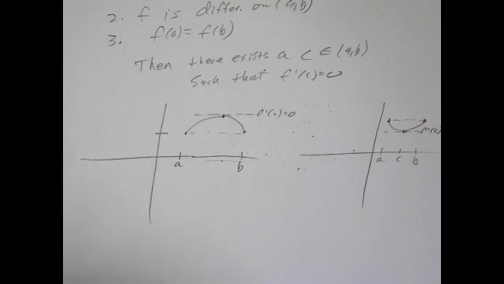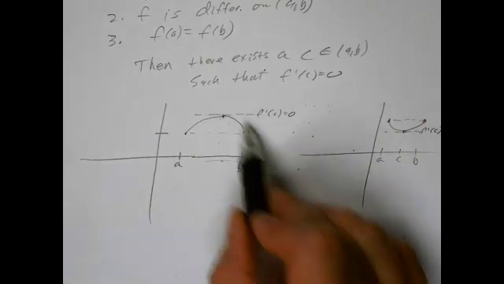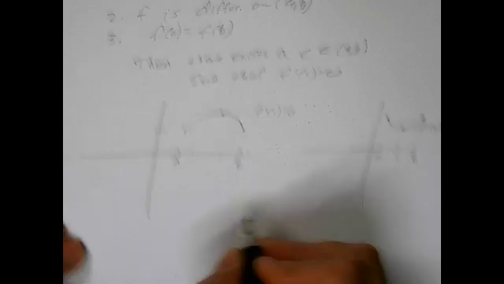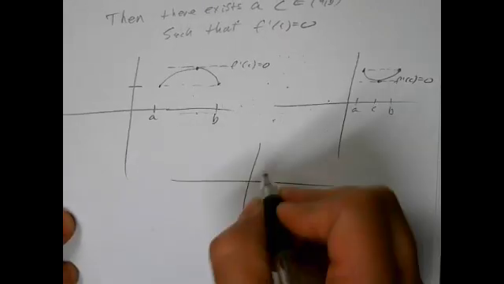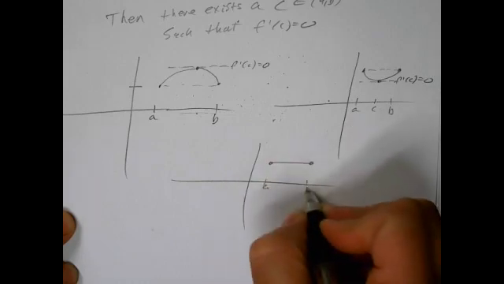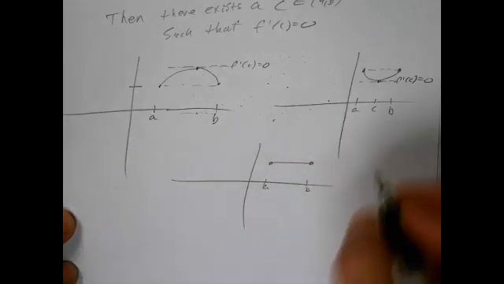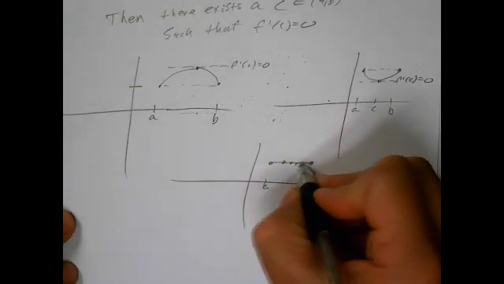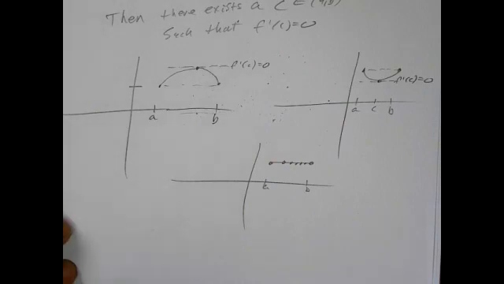So you could have a function that went up and came back down, a function that went down and came back up. You could have a function, sort of an almost trivial case, that didn't go up or down. And therefore, for a function like this, the C value in question would be any and every value in between.